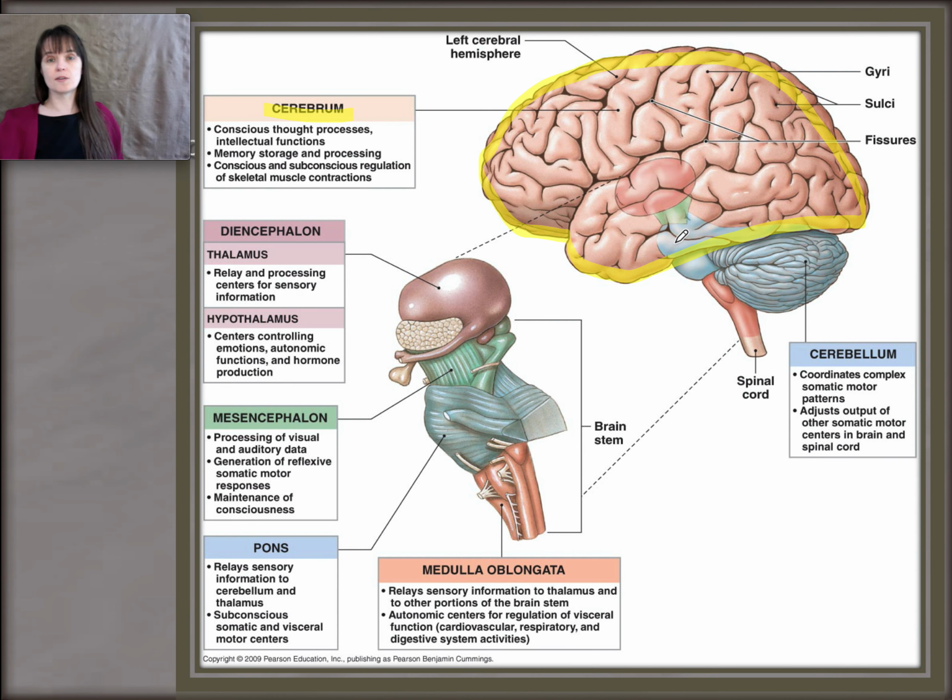When you're thinking about test questions and trying to answer, your strategies are up here in the prefrontal cortex of the cerebrum, but this whole area that I've outlined in yellow highlighter is the cerebrum. Like it says here: memory, conscious and subconscious regulation, skeletal muscle contractions, and more, but we'll get there.